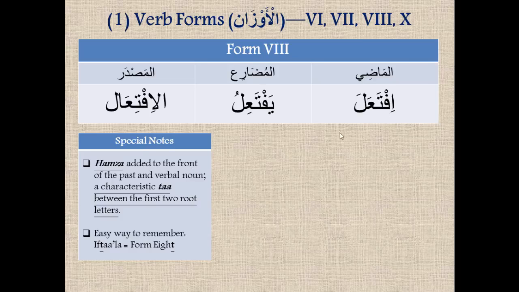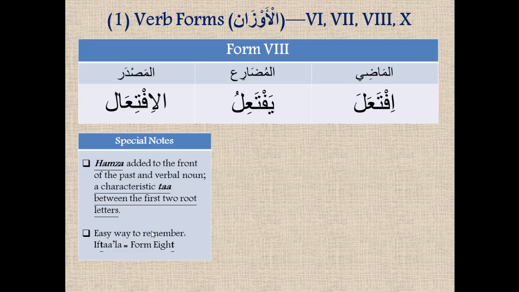So for the Madi and the Masdar, we have a Hamza in the very front. Ifta'ala, al-ifti'al. What we've also done is add a characteristic ta between the first two root letters. So smack in the middle of the verb, we find a ta. Ifta'ala, yafta'ilu, al-ifti'al. This is the more important of the two characteristics, because we find it in the Mudari' as well. It's basically present in all three cases.